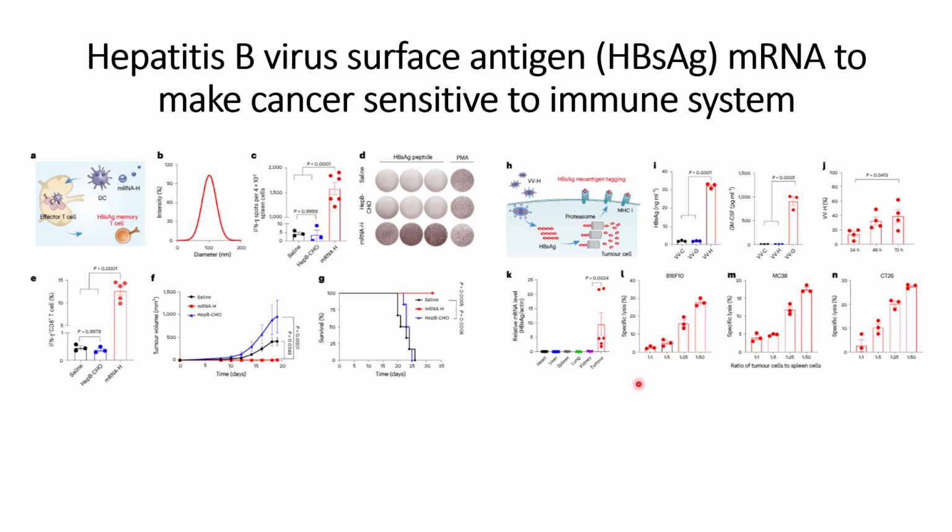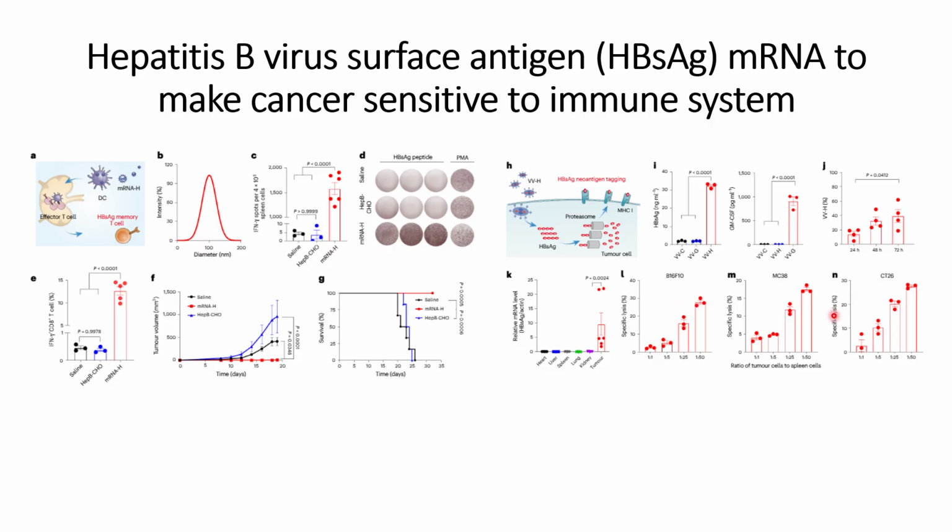With a decrease in the ratio of tumor cells to spleen cells, that is, with an increase in spleen cells, the lysis of the tumor cells also increases, indicating the specificity of this immune system against the HBsAg mRNA-containing tumor cells.